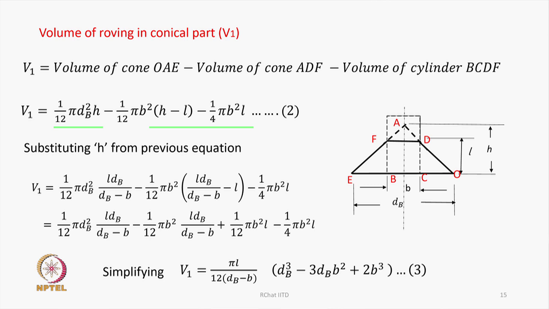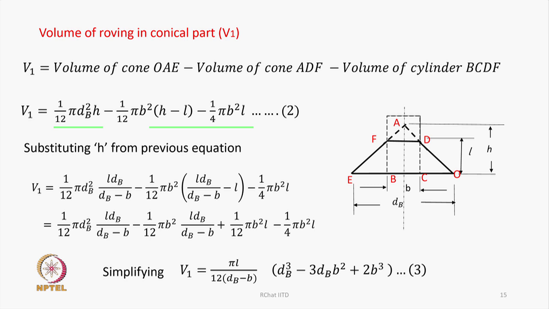So, this is what we have written here, and then we go for simplification of this expression. If we simplify it, we get equation number 2. Now, substituting H in this equation from the previous equation, we will get the steps which are shown here.